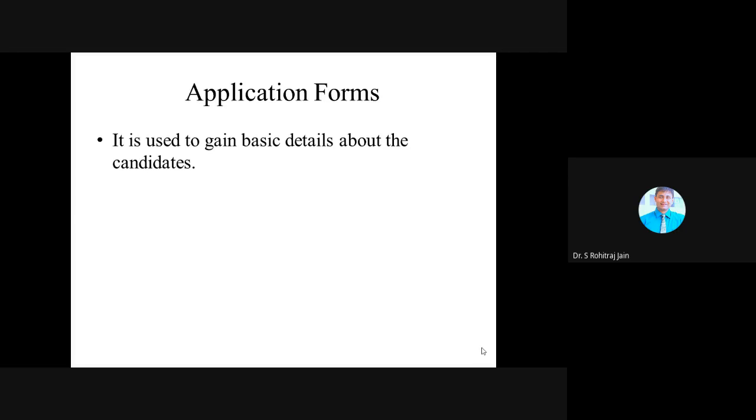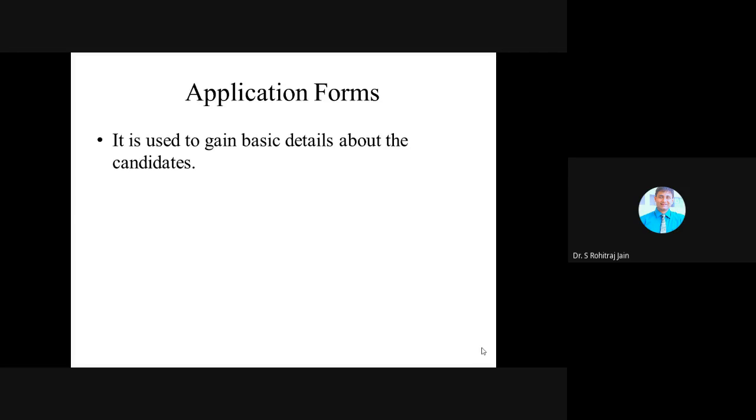So what we are studying now are the various parameters to consider when preparing the application forms. The third one is work experience.